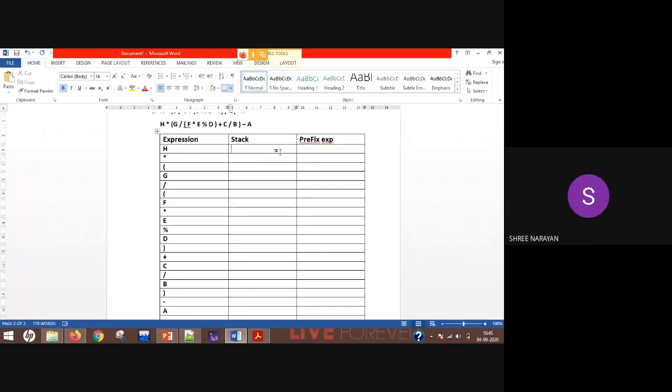Ma'am, it's prefix H. Okay, done. Next. Stack star. Okay. Here H remains as it is. Okay. Now, star and opening parenthesis. All right. H as it is. Okay, done. Now, as it is. What about the stack? Is the stack going to remain as it is?